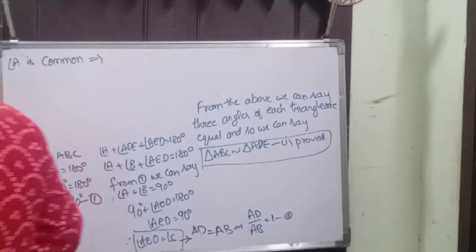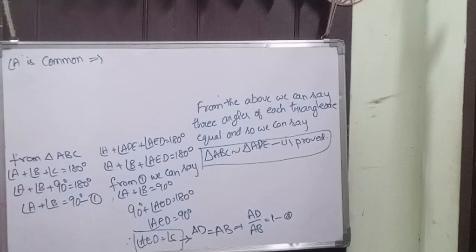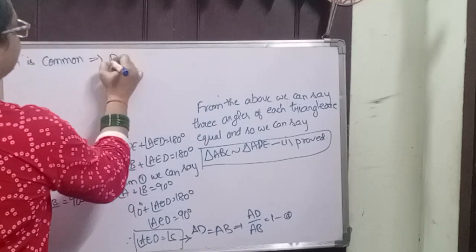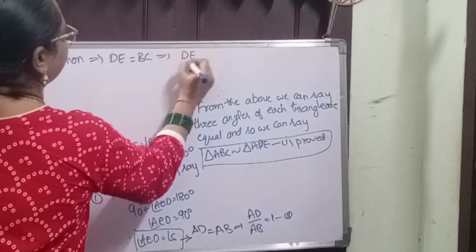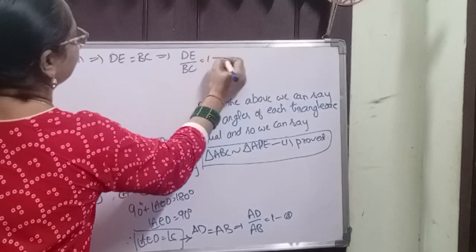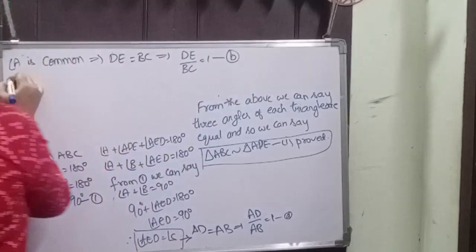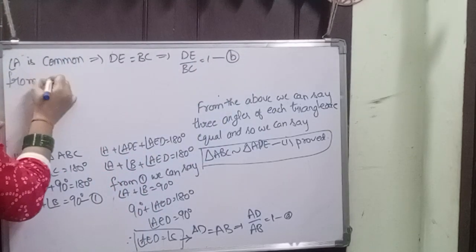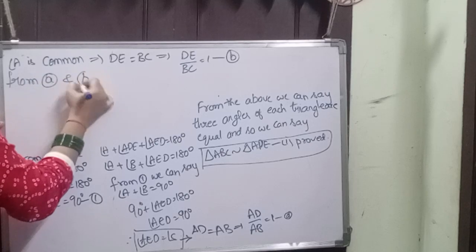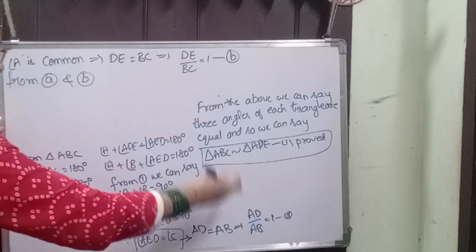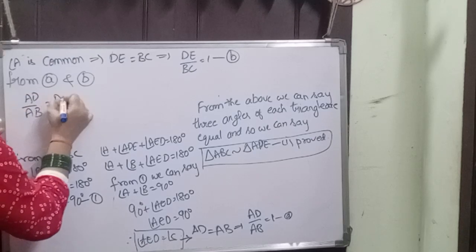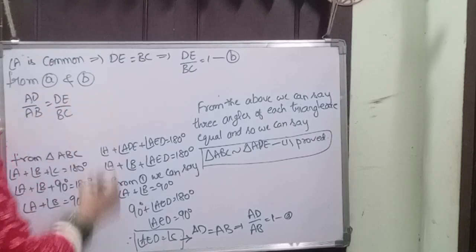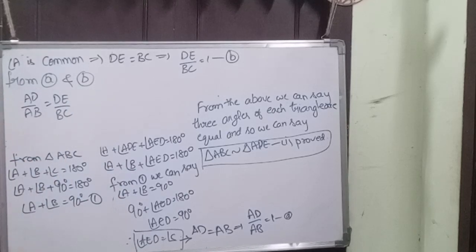That implies, for the sides opposite, DE by BC. DE by BC equals 1. You take this as B. So from A and B, both are equal, means AD by AB equals DE by BC. Understood what I did?